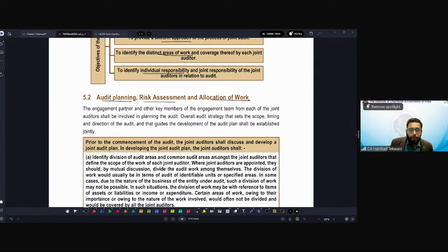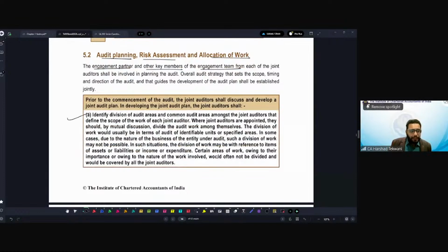Like who are the team members involved, the engagement team involved in the joint audit, including the engagement partner. So first understand who is the engagement partner, engagement team, and other team members. Then the division of the area, and the overall audit strategy that we discussed to set the scope, timing, and direction of the audit, a very important part.